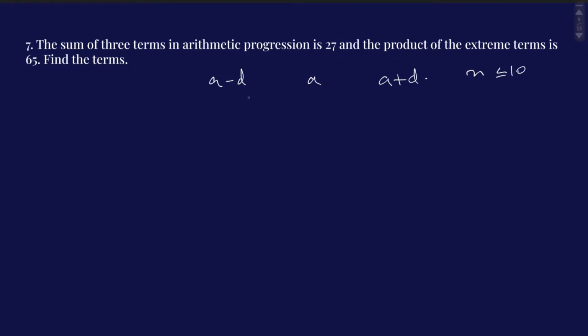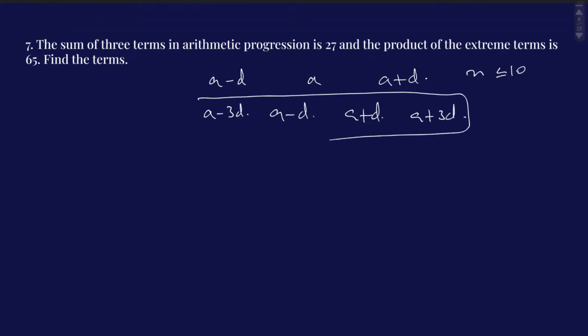For example, here it is given sum of 3 terms, so we can take a minus d, a, a plus d. If it has been given sum of 4 terms, the difference is of 2d, so here it is going to be a minus 3d and a plus 3d. So the basic funda here is, if we add these, we will get only one variable a.